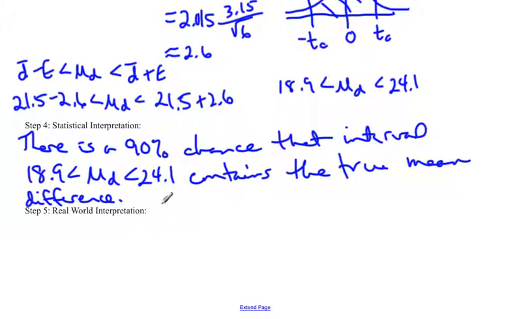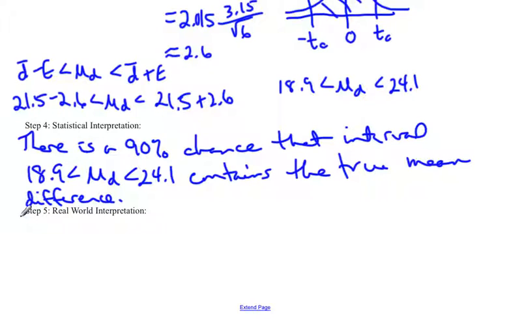With confidence intervals, this is the way we interpret them because the interval has a chance of actually being a correct interval. It has a chance of being wrong. There's a 10% chance that this interval did not capture the true mean out there, but we have a 90% chance that it did. So we're in pretty good shape.